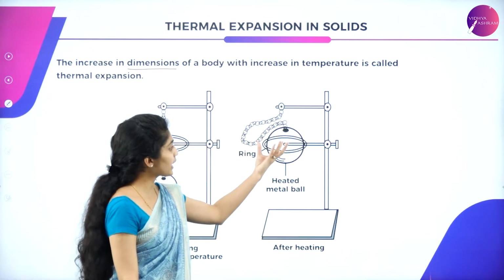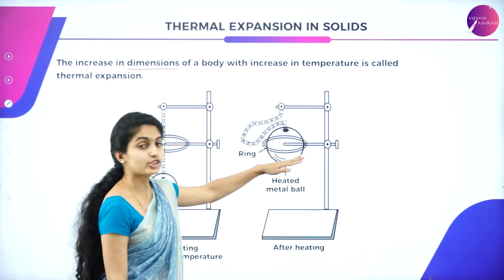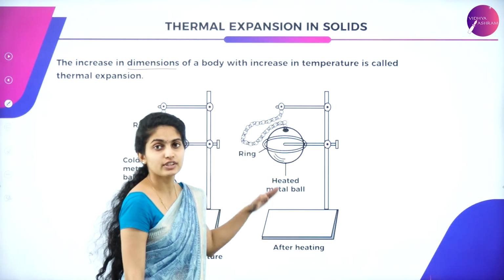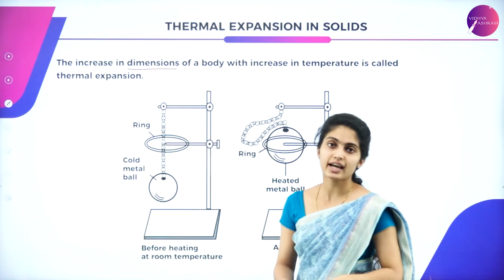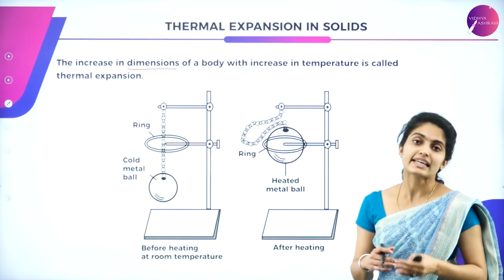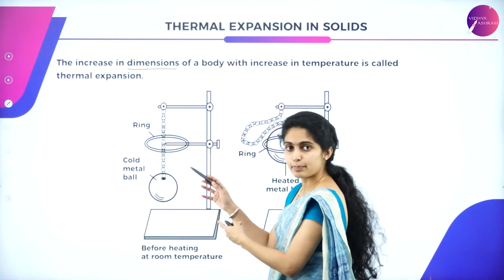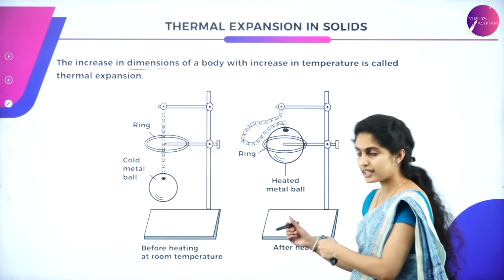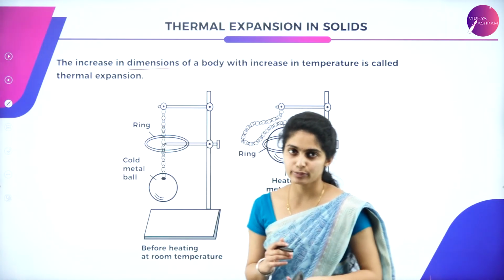After heating, the same ball was allowed to move within the ring, but it stopped there only, which implies that there is expansion in the dimensions of a solid when heat is supplied. When there was no heat, it passed through the ring. When there was heat, it was not able to pass through. So there is an expansion.